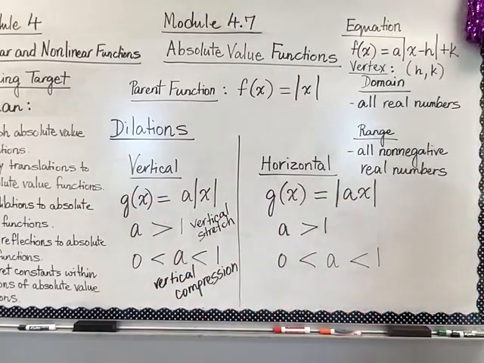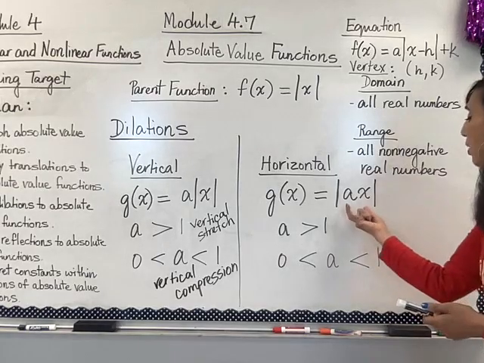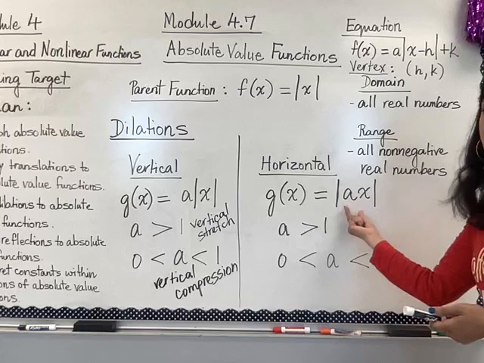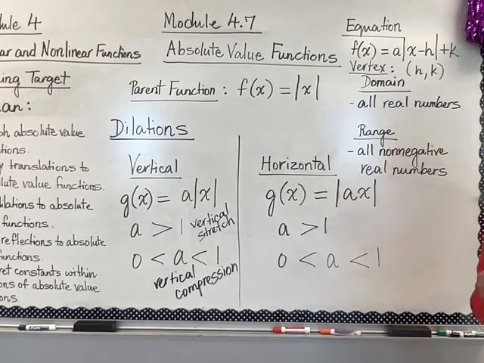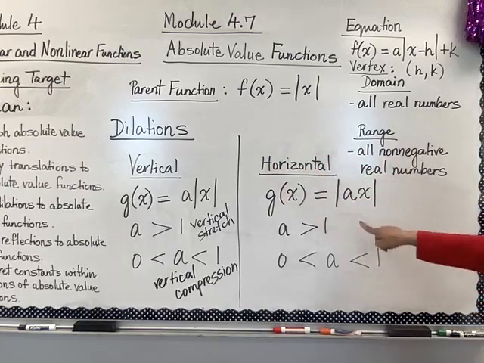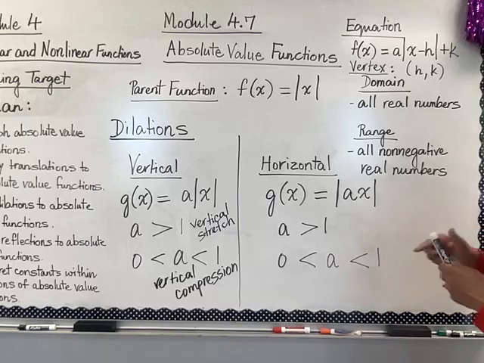Now let's look at the horizontal one. If a is greater than 1, now we are performing this function first. So what happens over here? It becomes the reverse of that, and this one becomes a horizontal compression.